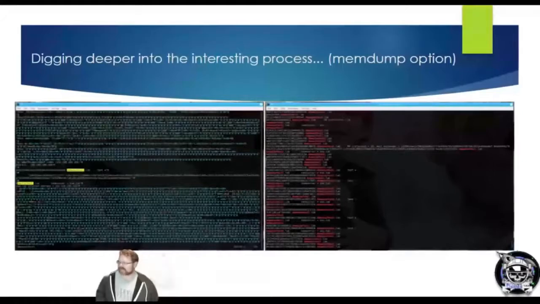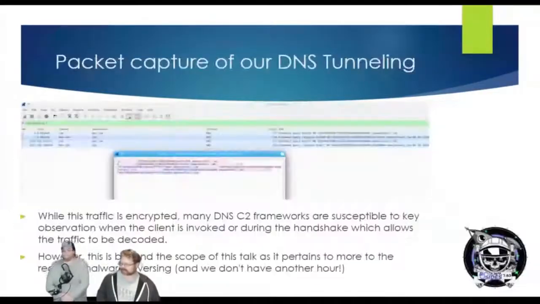So suffice it to say, we found all of this DNS activity. We can also look at file handles that the malware is accessing. And here's a packet capture of our DNS tunneling. While this traffic is encrypted, many DNS C2 frameworks are susceptible to key observation when the client is invoked.